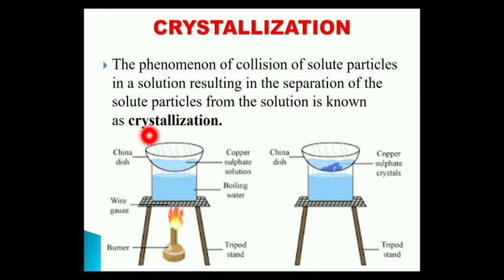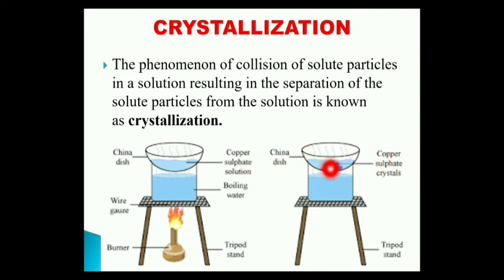Okay, so this is a phenomenon where there is collision of solute particles, and when the solute particles are separated from the solution, that method or process is known as crystallization. We have already done this crystallization process in class 10th, right? Where you are taking a china dish and you are boiling the solution, that is, you are boiling copper sulfate solution. After boiling and cooling the copper sulfate solution, you will obtain copper sulfate crystals, right, in the china dish.